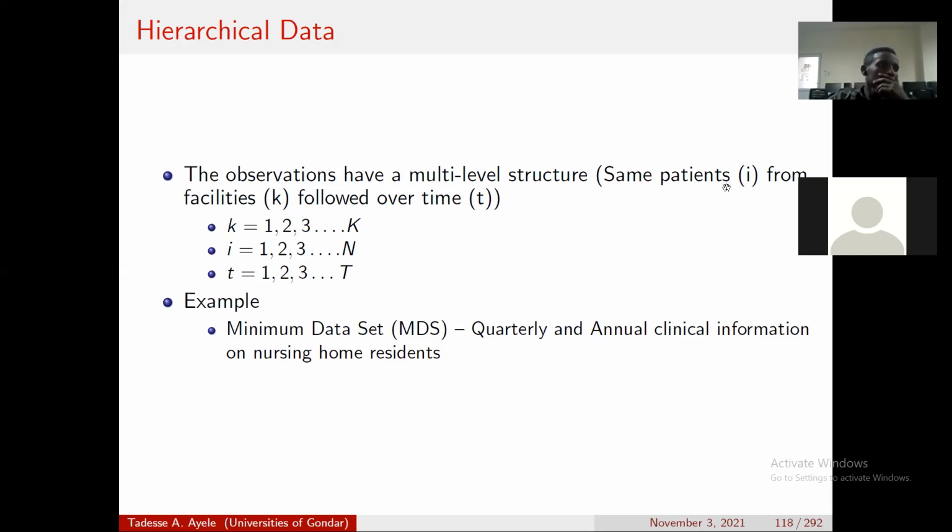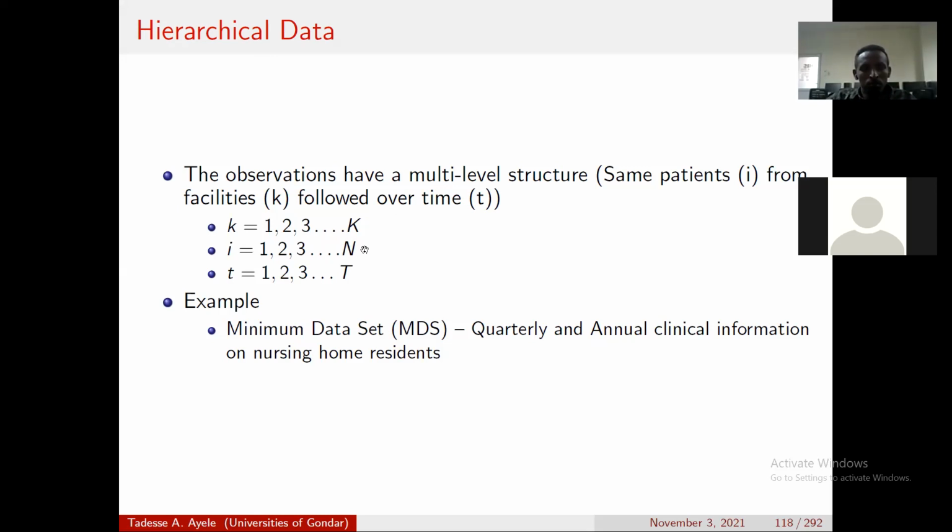You see, i stands for the patient, k stands for facility or institution, and t stands for time. k can run from 1 to K, 1, 2, 3, 4. Previously, I was talking about the school, I was talking about health facility. So you may include in your data K number of facilities or K number of hospitals or schools.